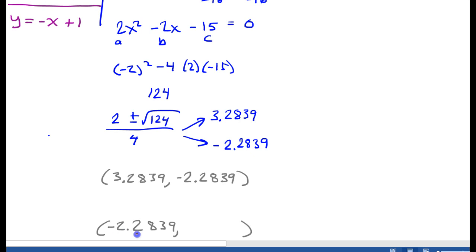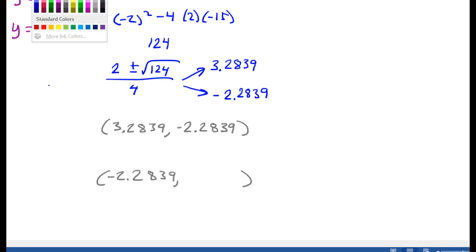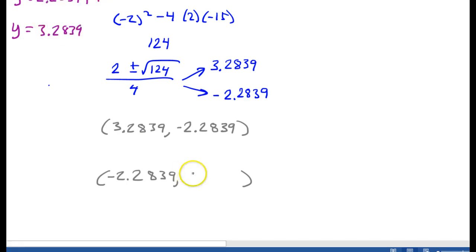So the opposite of this is going to be positive 2.2839 and then plus 1. So that's going to be 3.2839. So that's the y value that goes with this x value. So that's pretty funny how they're like the same but reversed.